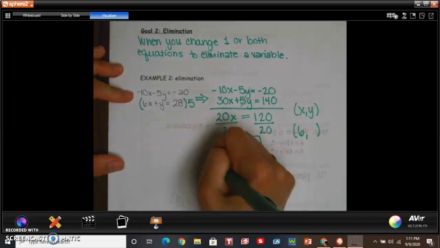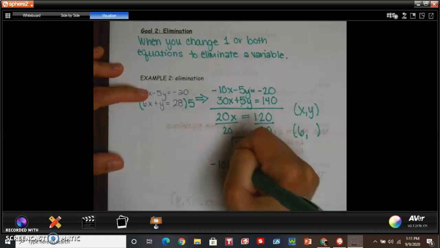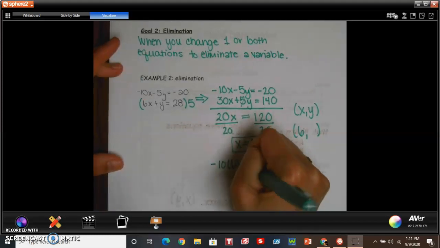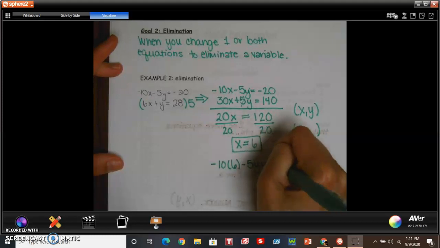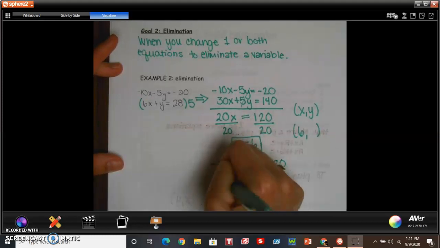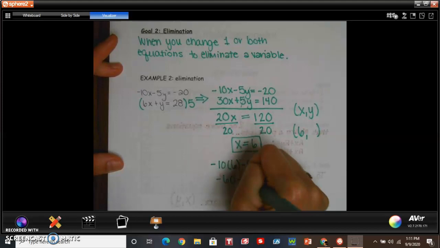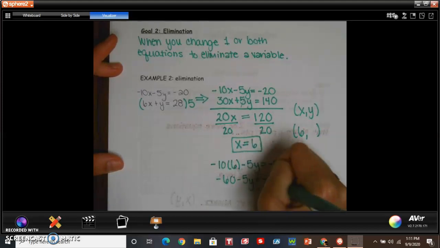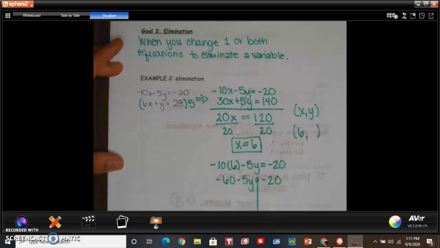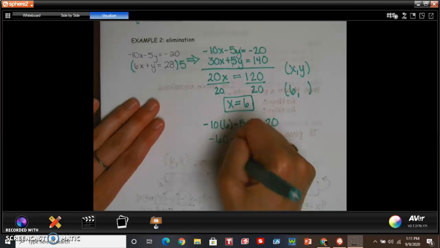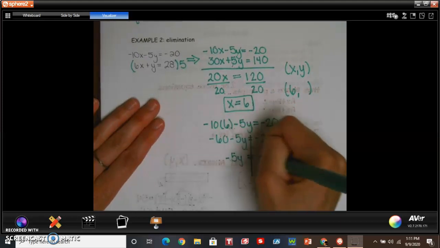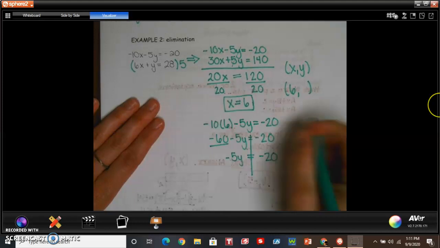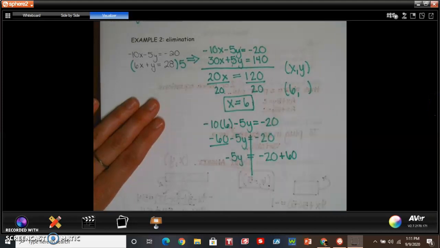So I'm going to take my negative 10 times 6 minus 5y equals negative 20. That gives me negative 60 minus 5y equals negative 20. All right, now let's do our constants and our variables. So we have negative 5y over here, and we have negative 20. Let's move this over, plus 60.